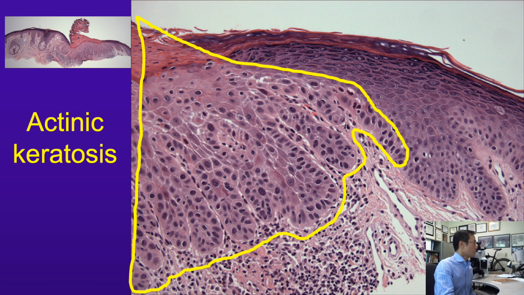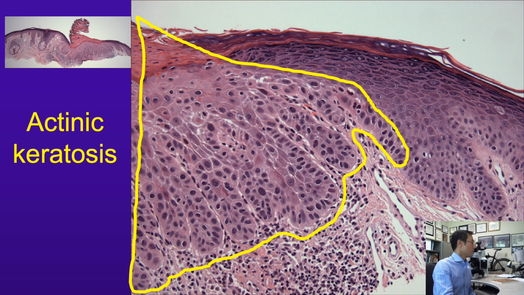The lesion is characterized by atypia of the epidermis, primarily of the basal layer, and more generally the basilar epidermis. The lesion here is demarcated more or less by the yellow line. If we look to the right of the line, we can see relatively normal keratinocytes with relatively small, uniformly round nuclei and relatively abundant cytoplasm.